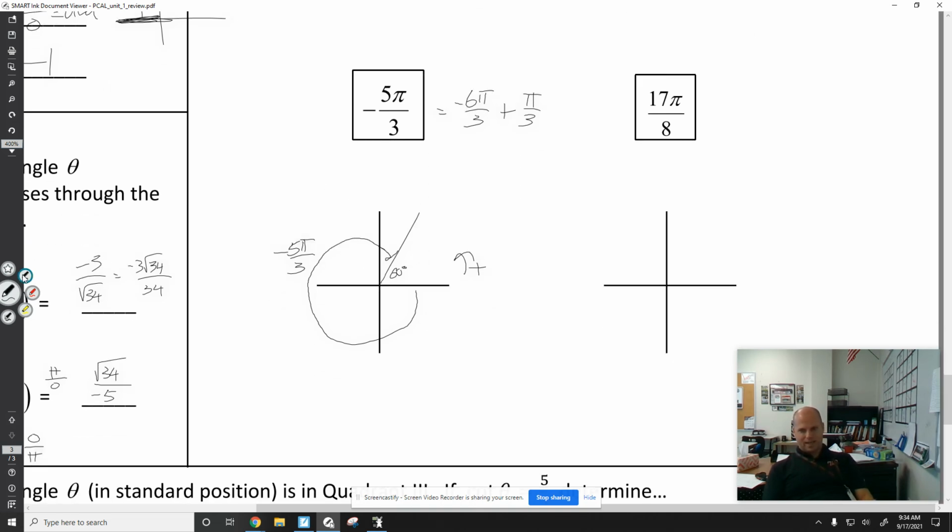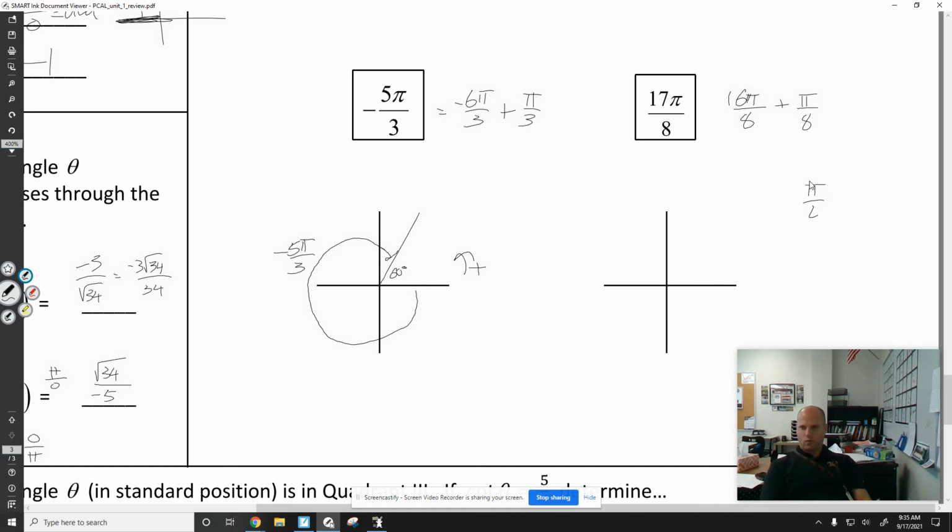17 pi over 8. I don't want to convert this. I know where 16 pi over 8 is, right? It's just 2 pi. And then I add a pi over 8. What's going to be a pi over 8? It's going to be half of pi over 4, right?